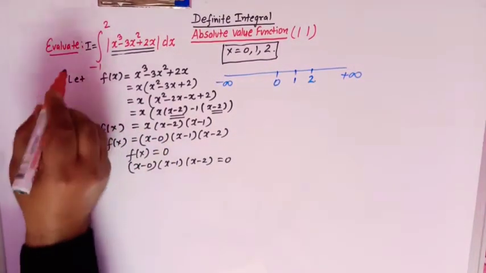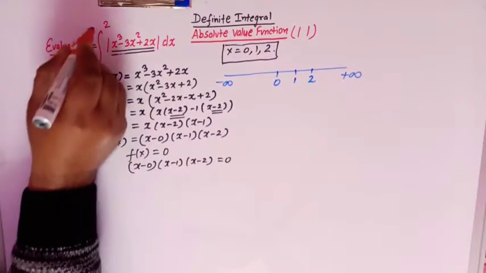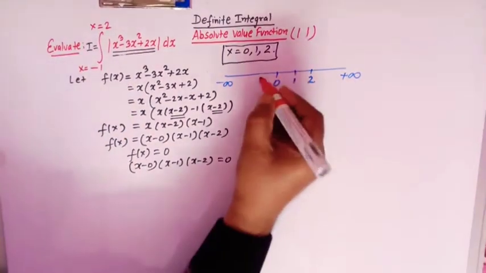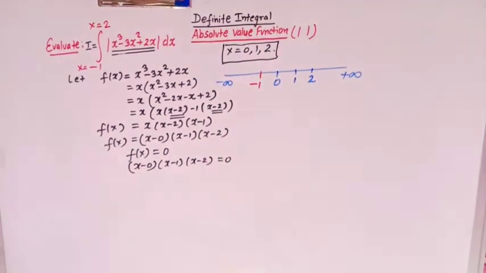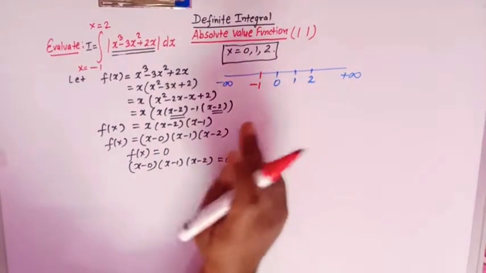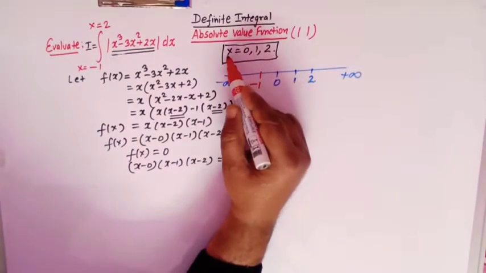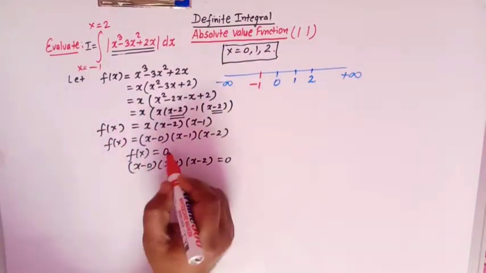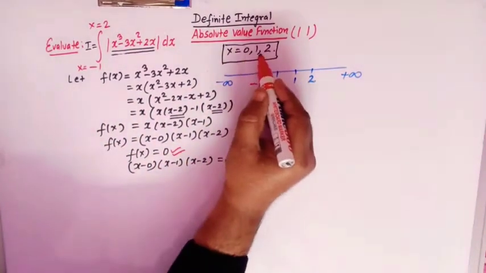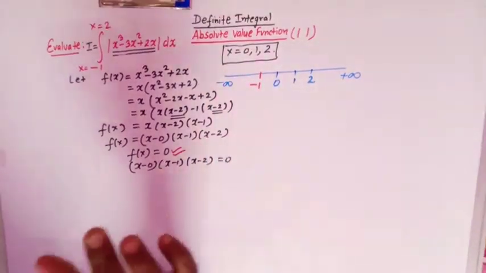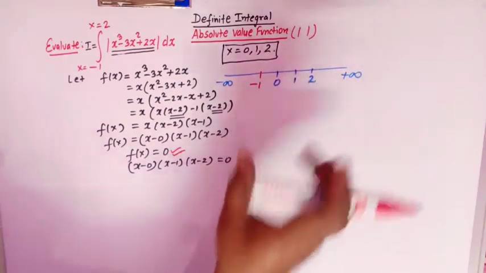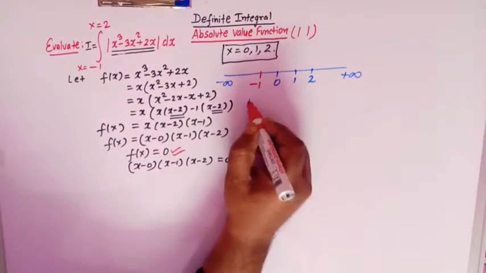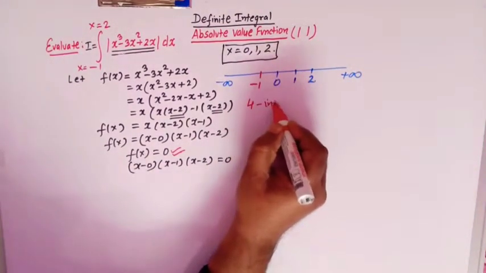Here x varies from minus 1 to 2, so minus 1 lies somewhere here. The roots of this equation are 0, 1 and 2, and these 3 roots divide the real number line into 4 intervals.